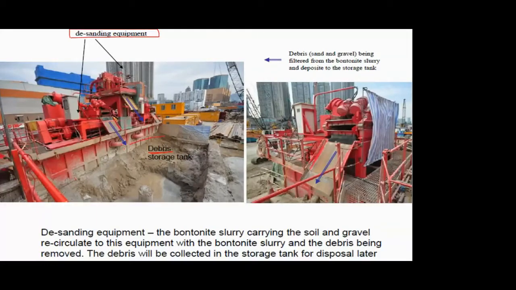This is the debris, the filtered material or the unwanted one. This debris might consist of sand or gravel or whatever type of soil is there. Once this is separated, you can pump the filtered slurry back into the next trench. So that's this desanding equipment.